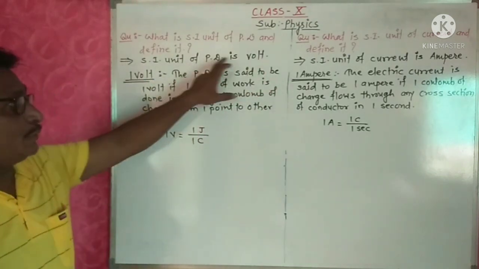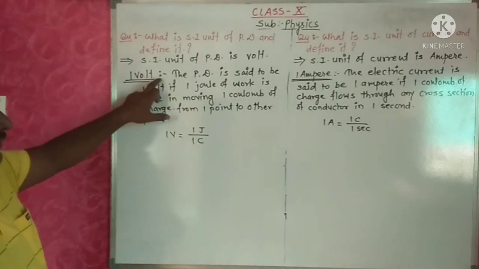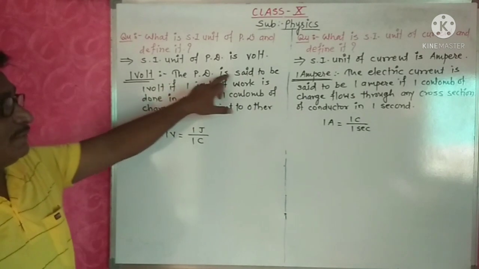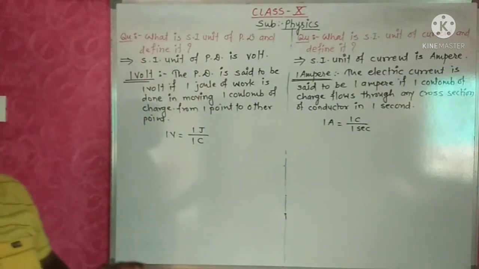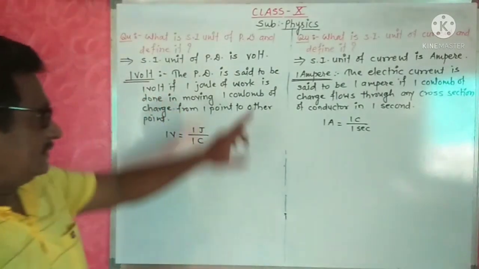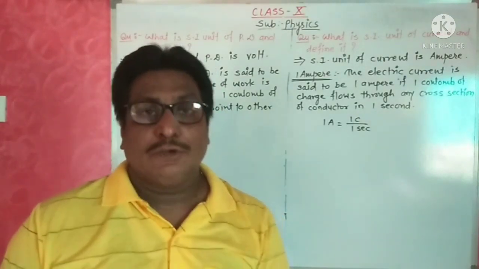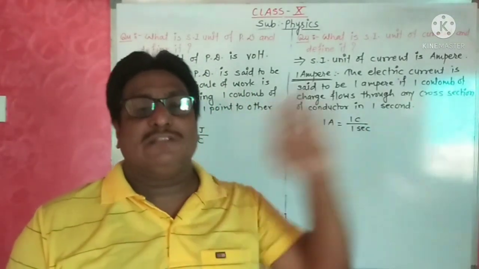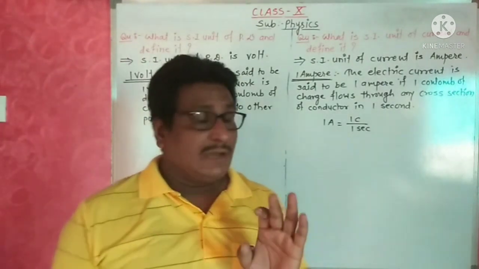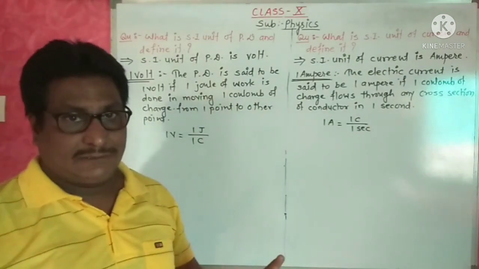What is the SI unit of potential difference? Volt. And the definition of 1 volt. What is the 1 volt definition? The potential difference is said to be 1 volt if 1 joule of work is done in moving 1 coulomb of charge from one point to other point.